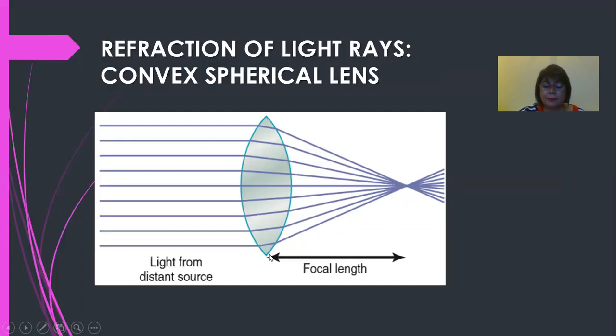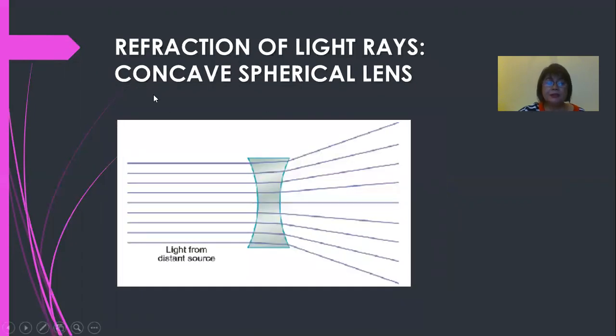And this distance between the lens and your focus would be called your focal length. Okay, but if you make light rays go through concave spherical lens like this, instead of converging, the light rays will diverge like so. Okay?